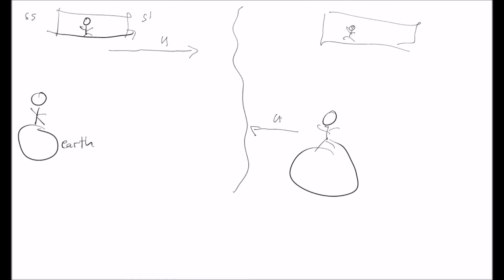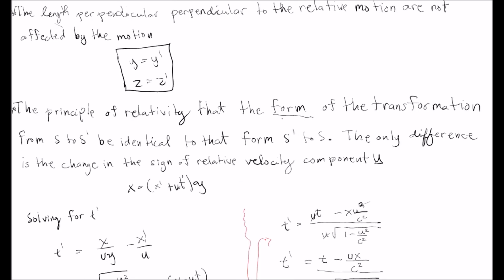That is the principle of relativity. The transformation from S prime to S frame will be identical to the transformation from S to S prime frame, but the only difference here is the change of sign of the relative velocity.